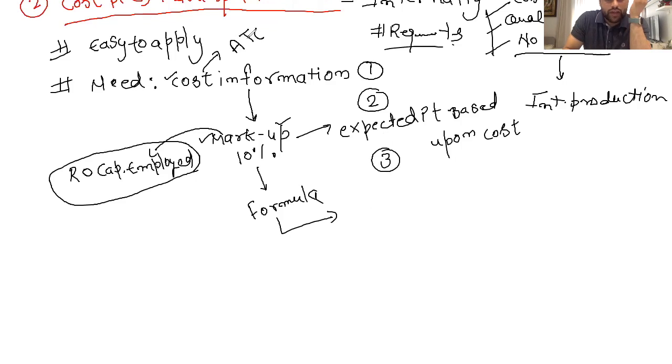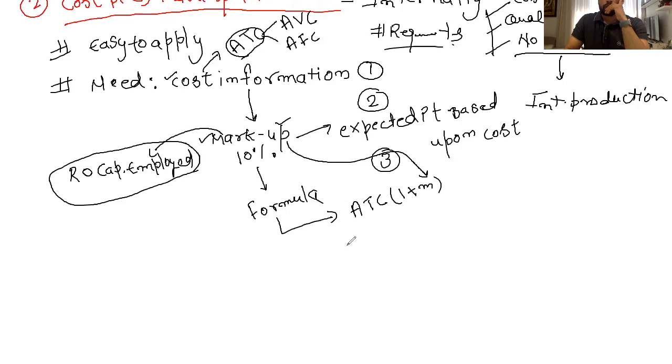Average total cost is a combination of average variable cost and average fixed cost. So that's called average total cost. Average total cost means cost. So we got average total cost times 1 plus M.